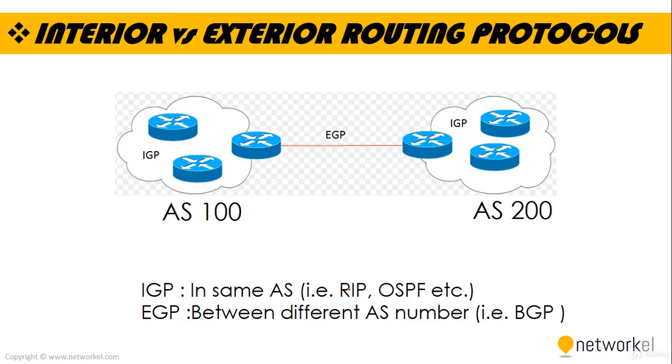Let's go ahead with IGPs and EGPs. Actually guys, we have two types of dynamic routing protocols, and they are IGPs and EGPs. IGPs are used to exchange routes in the same autonomous system and support small, medium and large scale organizations, but scalability is limited. For example, this is AS number 100, and as you see, here is the inside of AS100.